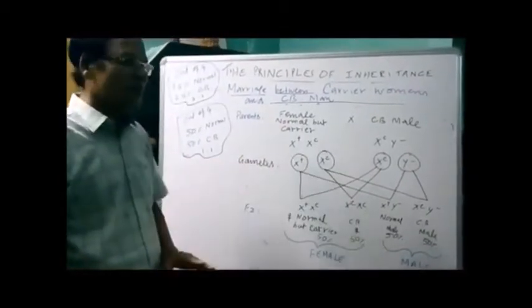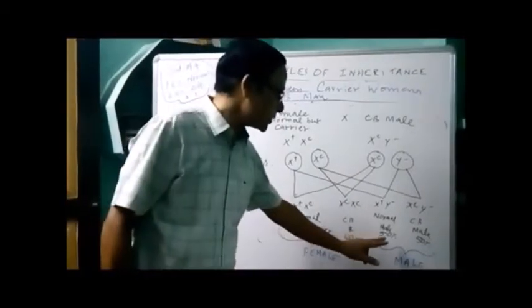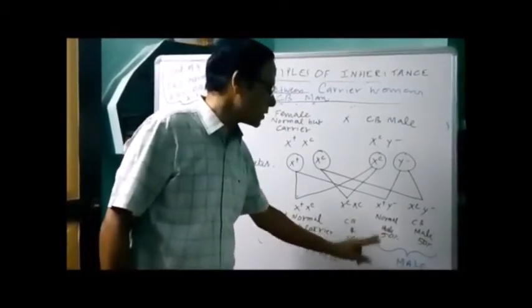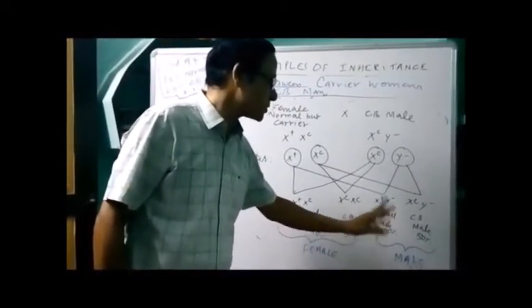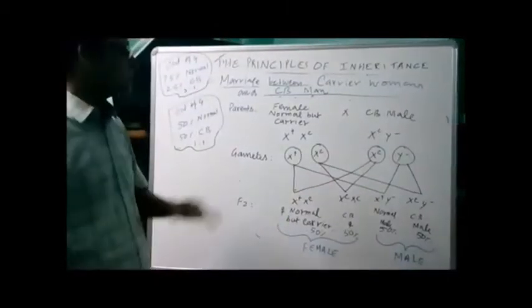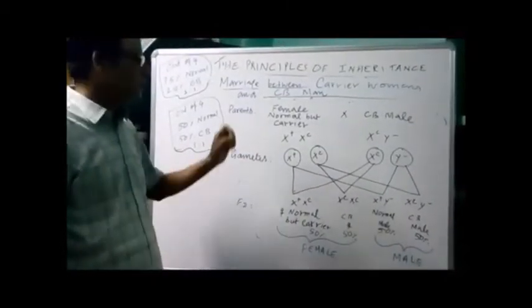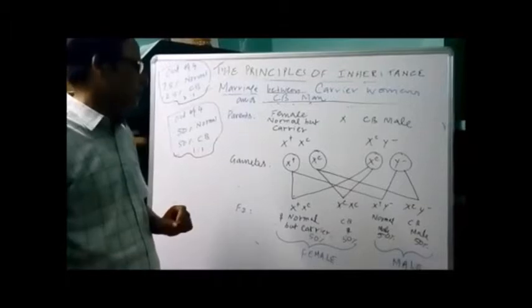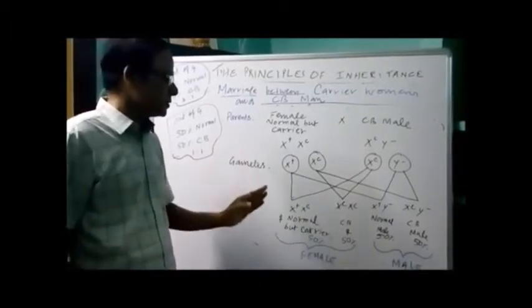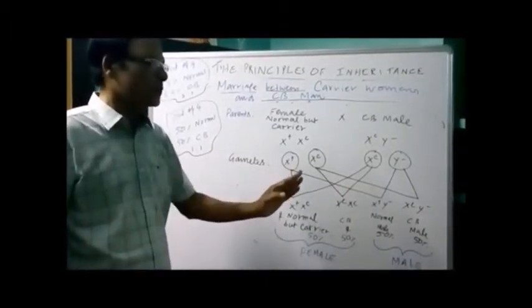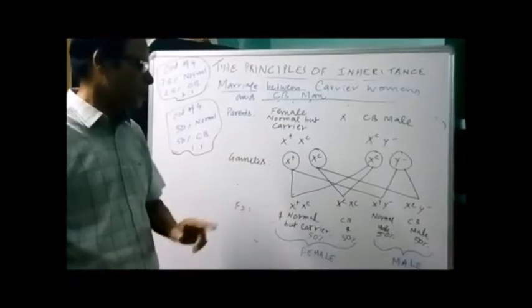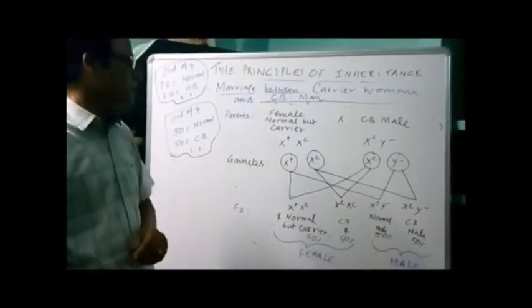If the mother is a carrier, definitely 50% of the sons are colorblind and 50% of the sons are normal. This is always true. Remember that one: mother carrier, 50% normal, 50% colorblind among the sons. Out of 2, 1 plus 1.